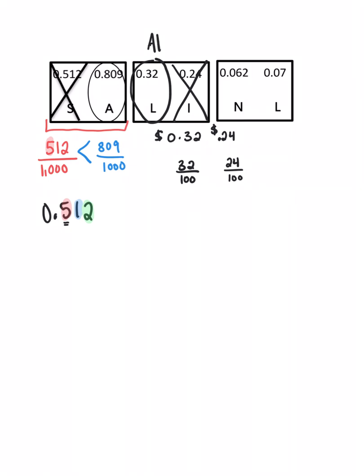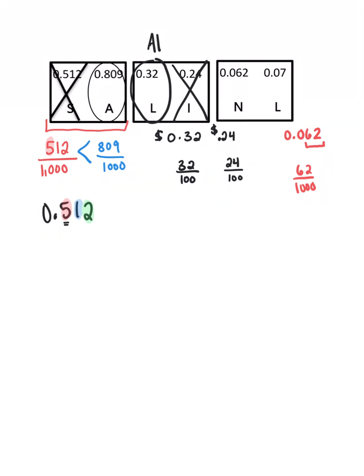Now I'm going to move on to the next one. Let's see. How would you read this number? 62 thousandths. Remember, we're going to read the digits to the right of the decimal point as if there was no decimal point there, and then say the place value word. So this one would be 62 thousandths.